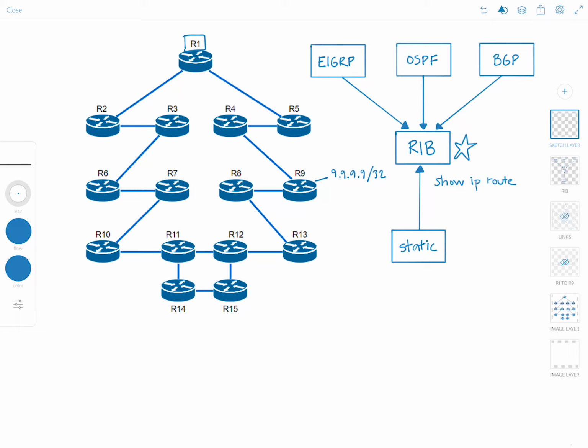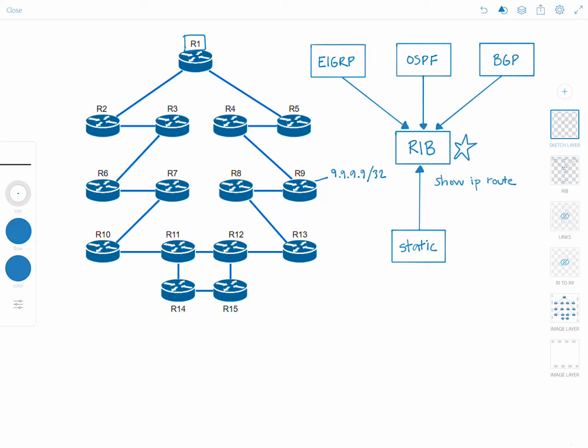So let's examine the interaction between the routing protocols and the routing table to understand how the routing table is built. This is essentially the diagram that I showed on the screen last time that I've kept here for the purposes of this video. If you look here again, we had EIGRP, OSPF, BGP, and static routing.